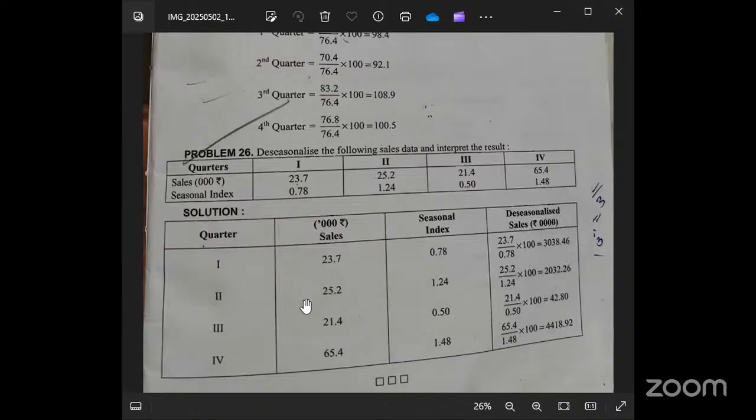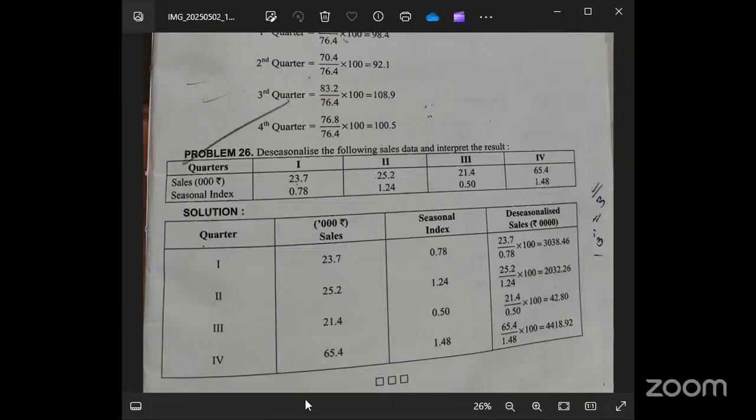For the second quarter, 25.2. What is the seasonal index? 1.24. So 25.2 by 1.24 into 100, 2032.26. Similarly, third quarter 21.4, seasonal index 0.50, 42.80.